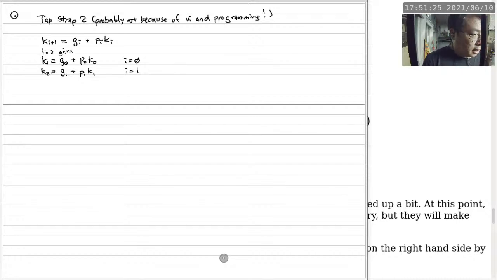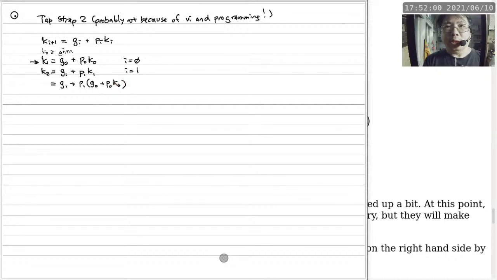In this case, it doesn't seem like we have solved the problem, but because we already know how to compute k of 1 using g0, p0, k0, we can do a substitution. So we can now rewrite this as g of 1 or p of 1, and k of 1 we'll use the expression that we derived earlier, which is g of 0 or p of 0 and k of 0.